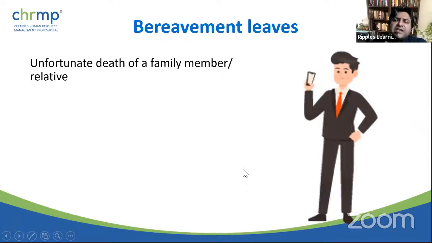And then you have bereavement leaves. Bereavement leave is largely in case of the death of a family member or a relative. A lot of times while creating a leave management policy, they say that it should be an immediate family member.